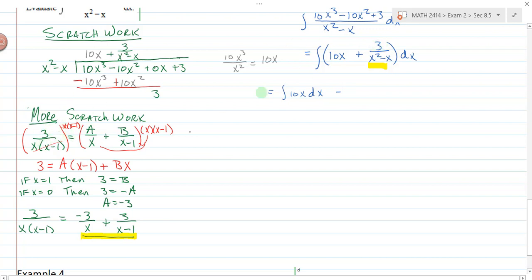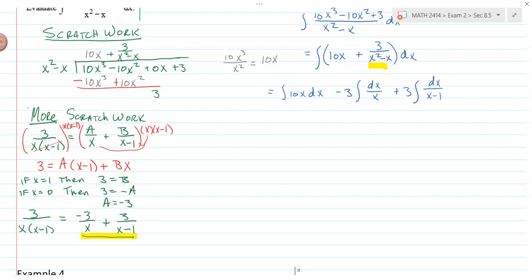So I don't factor that 3 out. I'm going to be looking at these 3. So I'm going to get minus 3 times the integral of dx over x plus 3 times the integral of dx over x minus 1. Does everybody see how I did that? These terms right here came from this down here. I just pulled the constant that was on top out in front of the integral.